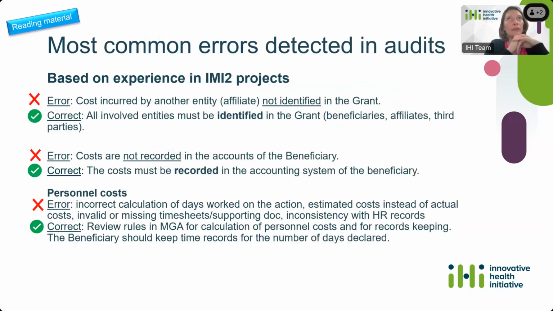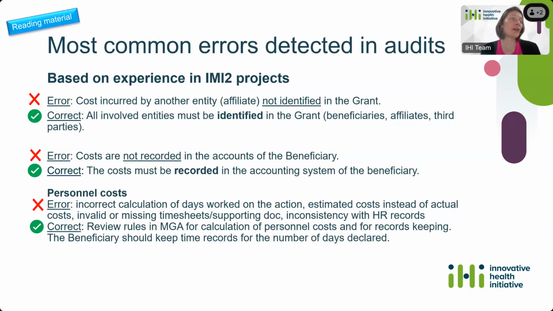And then I have also some most common errors that are detected in audits, but it's based more on the experience in IMI 2 projects, obviously, since we haven't had any reporting on the IHI project. But just to warn you or to give you an idea of the kind of mistakes that could be made.